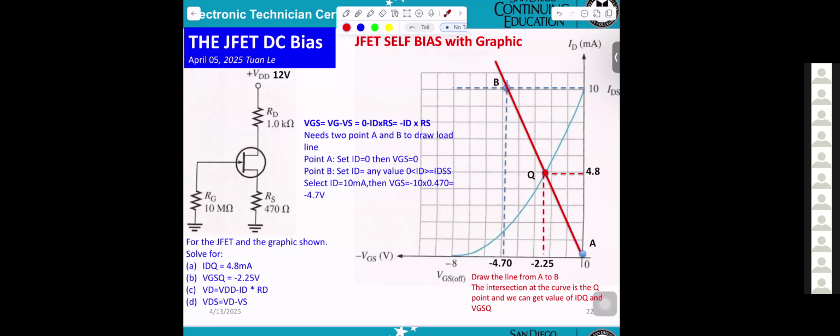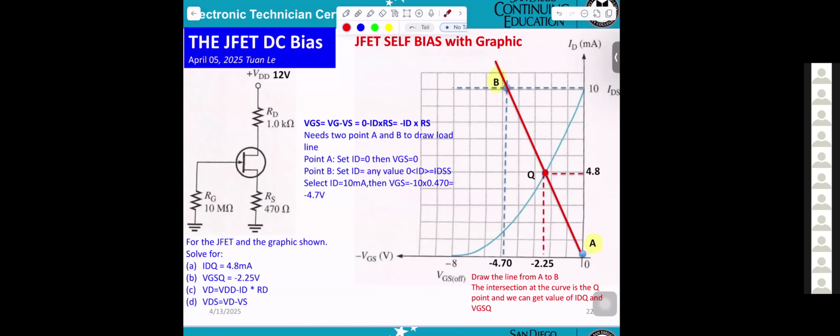Now, in order to draw the line, you need to get one point here and another point here. Okay?